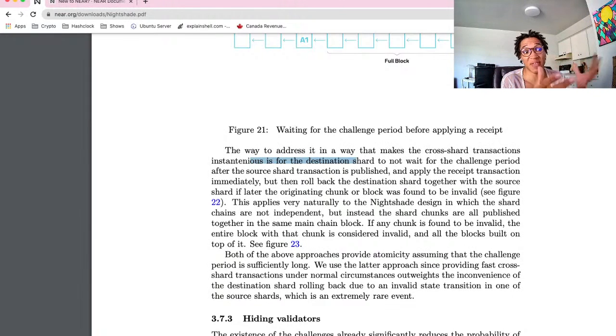You might have stuff that's justified, but in this system, justification doesn't seem to give you much security, because it seems like they're going to execute state transitions in shards before the source is published, right? And then roll back stuff after. So if you're a merchant, that could cause you issues, obviously, and you'd want to change that.